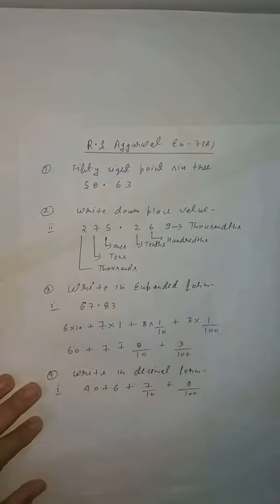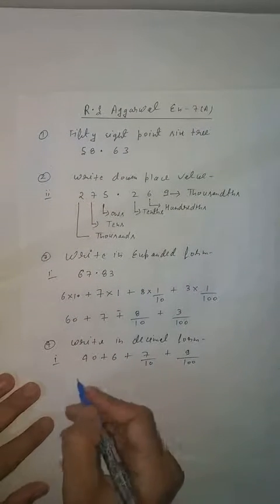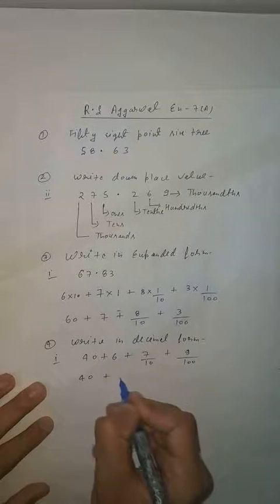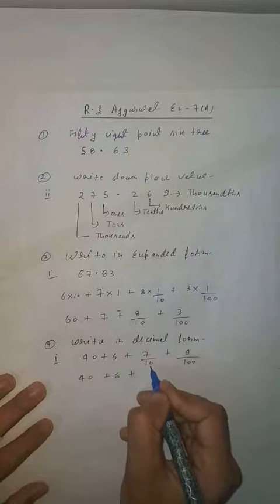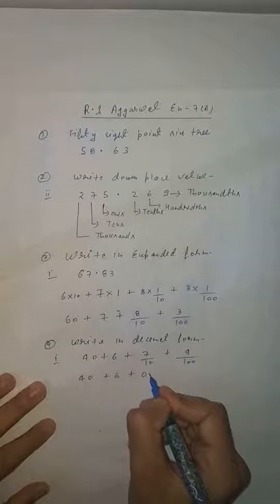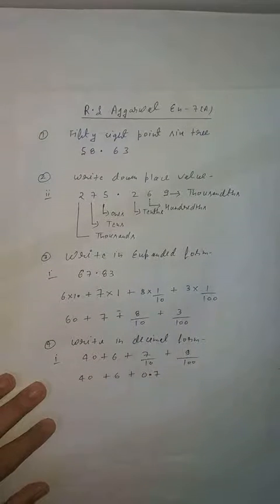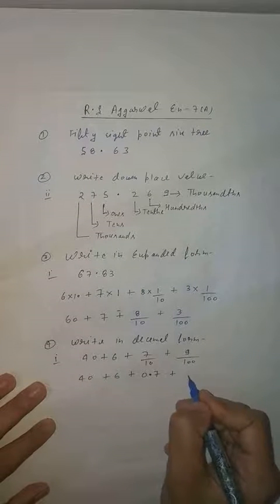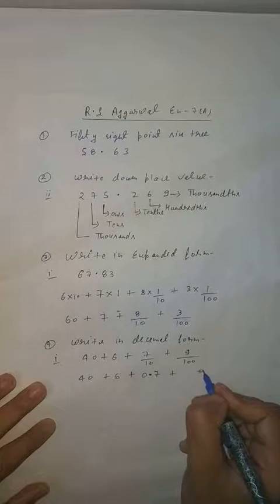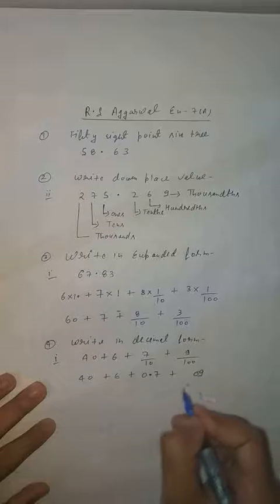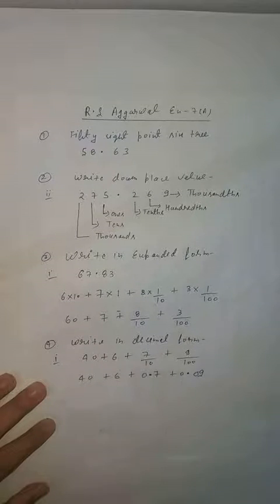You know how to solve this. 40 write down the same, plus 6 write down the same, plus 7 by 10, after the decimal there should be only one digit, so it will become 0.7. 9 upon 100 means after the decimal there will be 2 digits, so 09 is given, you place a 0 extra, and this is the decimal.